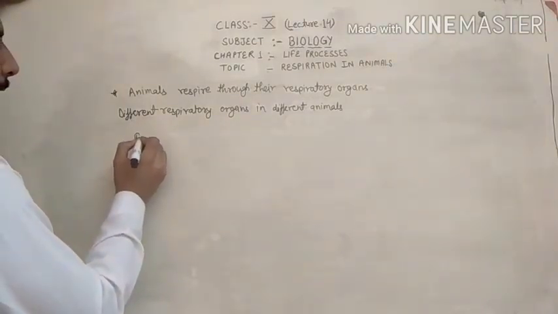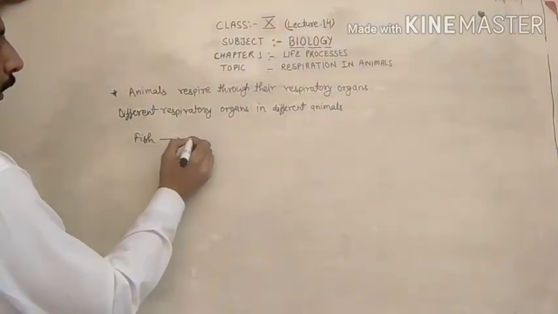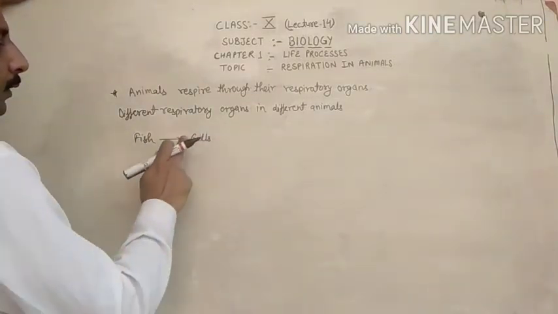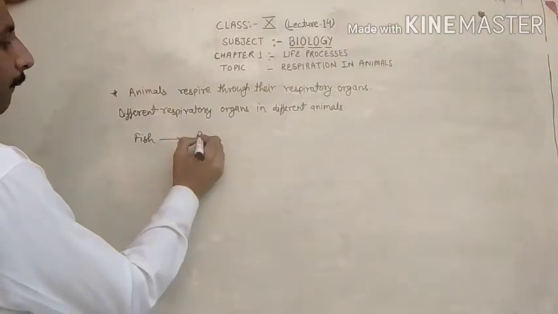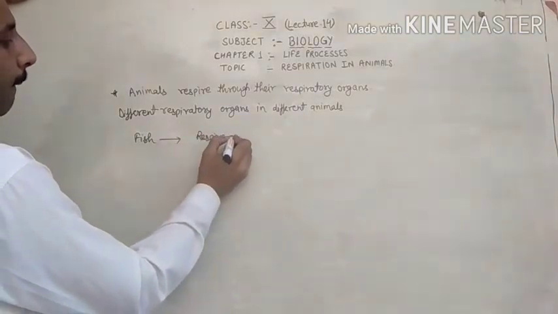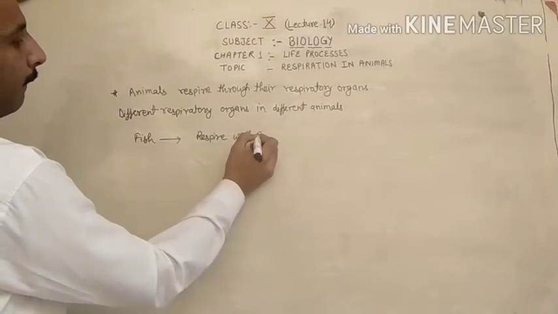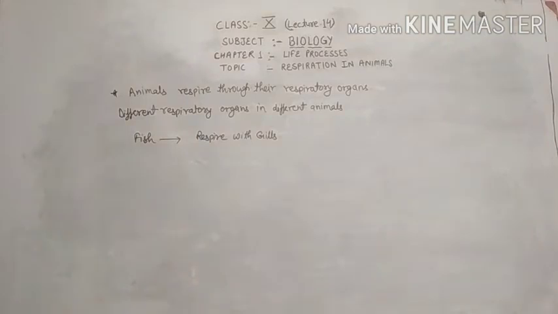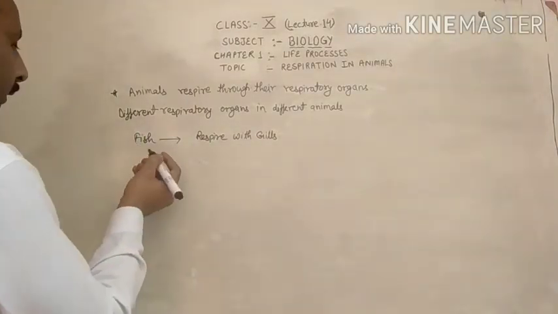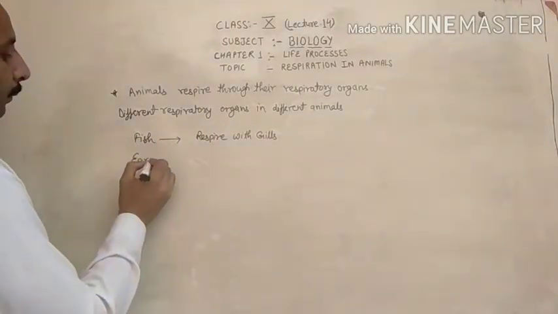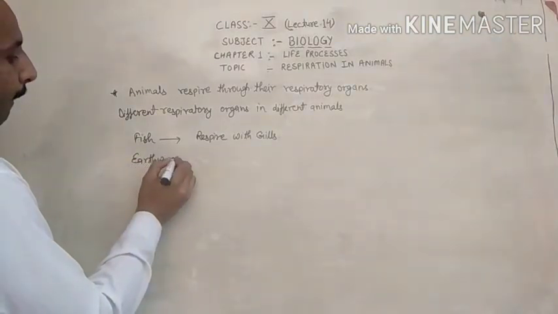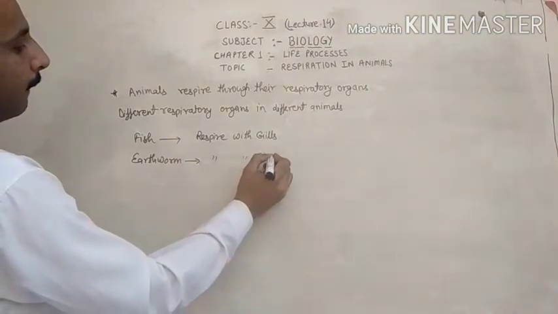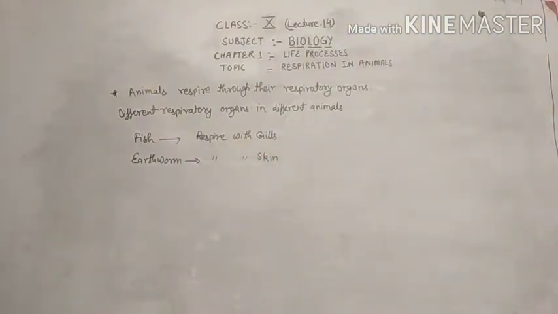For example, fish respire with gills. Earthworm respires through skin.